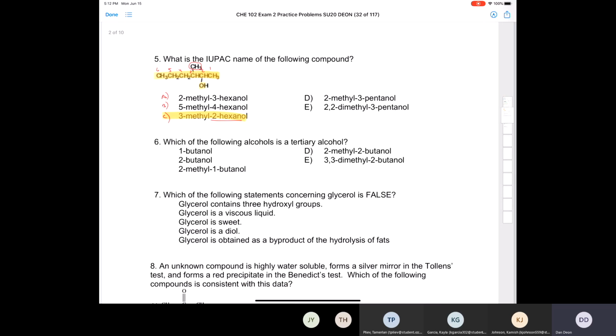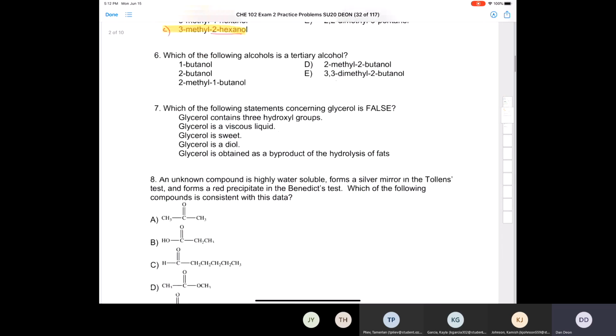If you have any questions, just stop me. Which of the following alcohols is a tertiary alcohol? This is a good one. You just have to draw them all. Let me help you with the A, B, C again. 1-butanol is 1, 2, 3, 4 carbons, and then we have our hydroxyl.